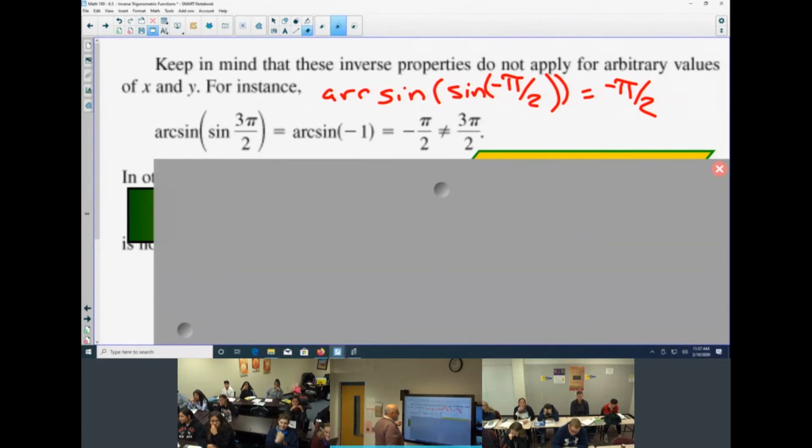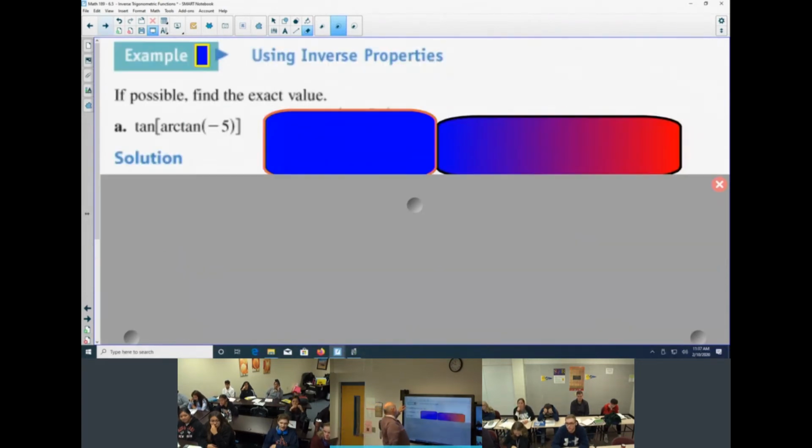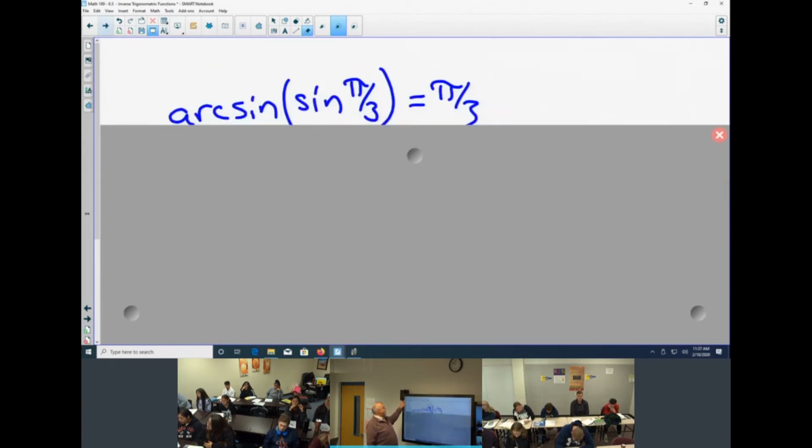So let's see if you understand what I'm talking about here. Like here, the arctangent is defined everywhere, for all real numbers. So the tangent and the arctangent, you can just cancel that and get negative 5. So that's not a problem. Sine and arc sine are both, pi thirds is in quadrant 1.